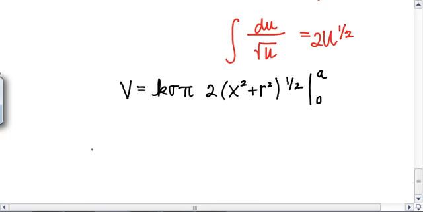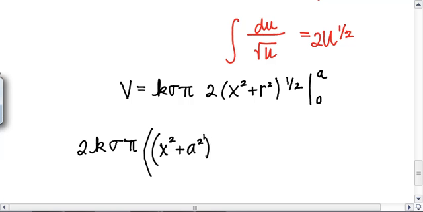So we can bring out this stuff that's constant. So we'll bring out a 2k sigma pi, and then x squared plus a squared to the 1/2 minus, now it's going to be r that's 0, so this will be x squared, to the 1/2.